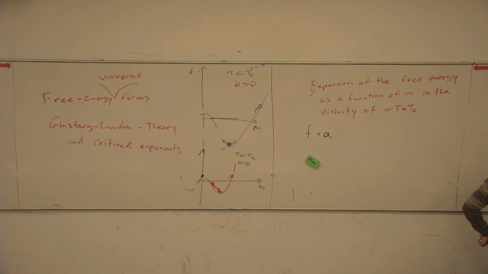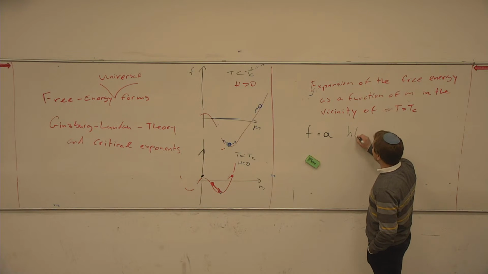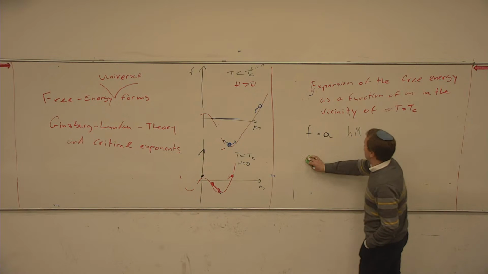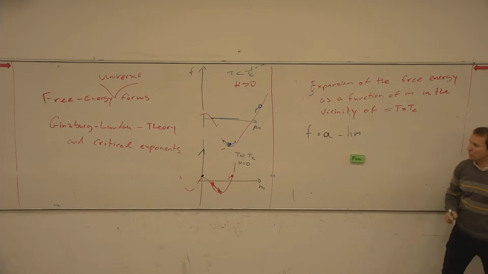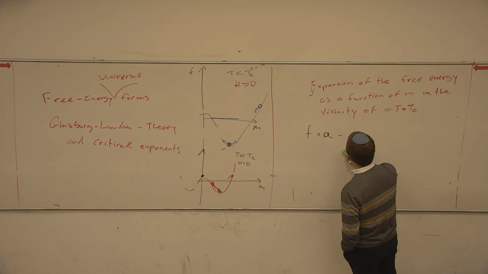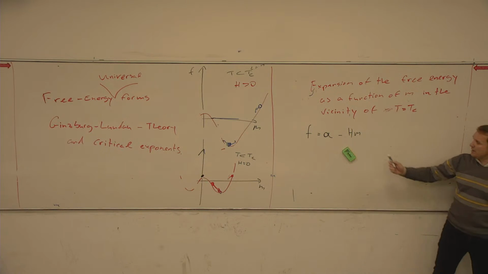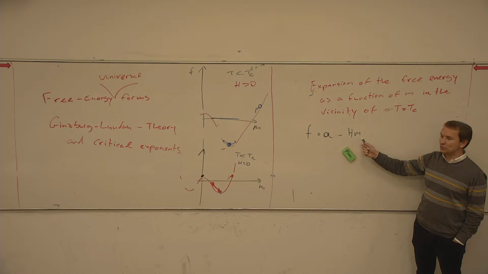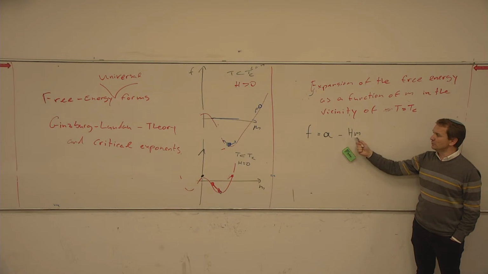In addition, there's also going to be an additional term, right? What's this additional term? Let's call it H multiplied by M, and with a sign minus. Why do I have this term? If I have H, big H, not small h, an external magnetic field, I know that the system will try to be in the direction of this external magnetic field, positive or negative.